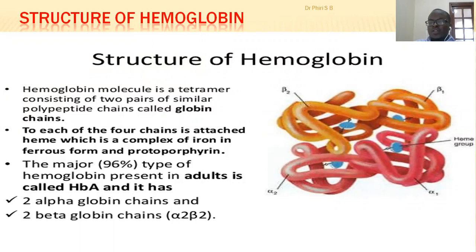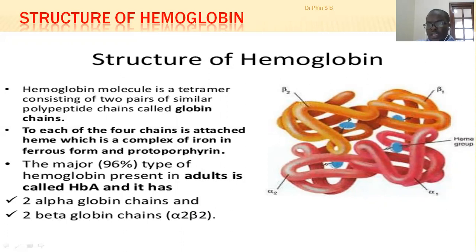In adult, for instance, we have adult hemoglobin, which is called hemoglobin A. The combination of these polypeptide chains: you have two alpha globin chains and you have two beta globin chains. So two alpha, two beta chains. So you have four chains. At the center of the four chains, each will have the heme group.